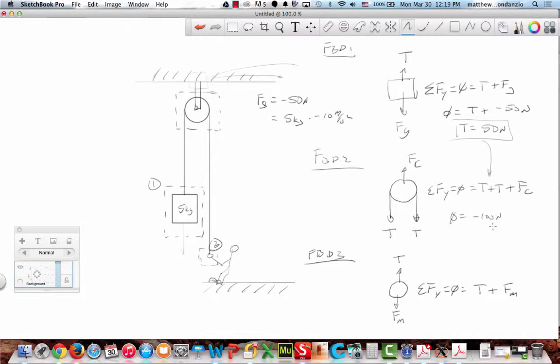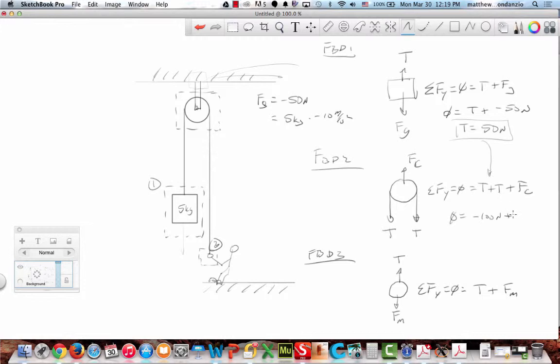Everyone see that? So this T is 50. In this case T is pulling up, and in this case T is pulling down. Could you repeat what you just said about 50? Okay, if this T is 50, but these are pulling down, it's negative 50 plus negative 50, negative 100.